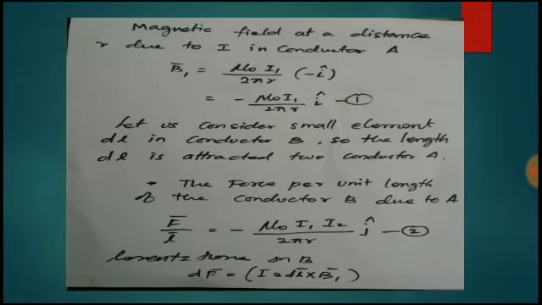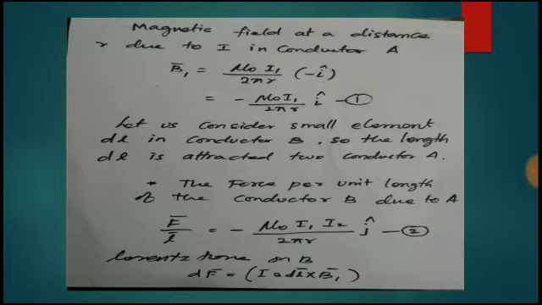Now, the magnetic field at a distance R due to the current I1 in the first conductor. I'm taking the first conductor as A, and the current is I1. So the magnetic field in conductor A is due to the current I1.